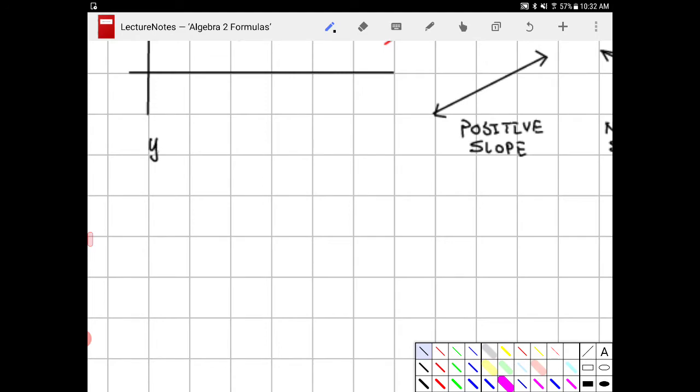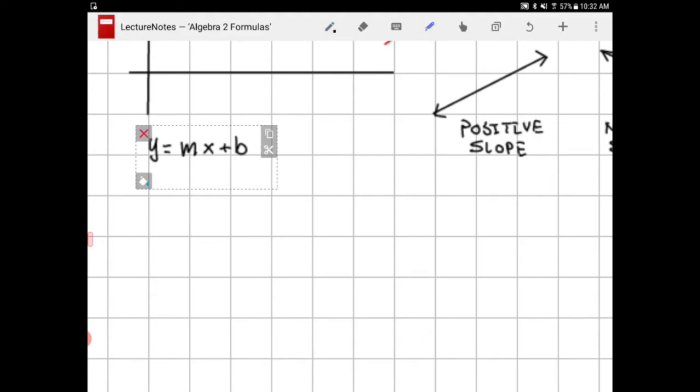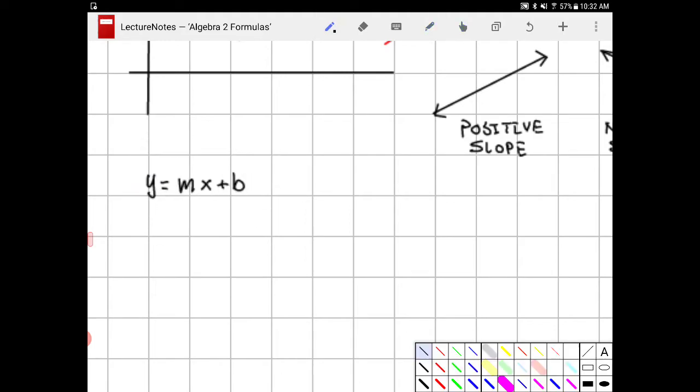y is equal to mx plus b. We refer to this as the equation of a line in slope-intercept form. Where, again, m is the slope and b is the y-intercept.